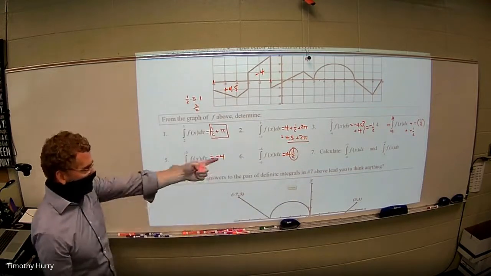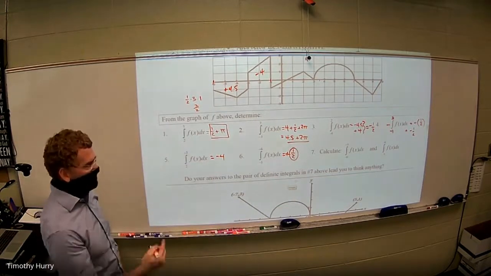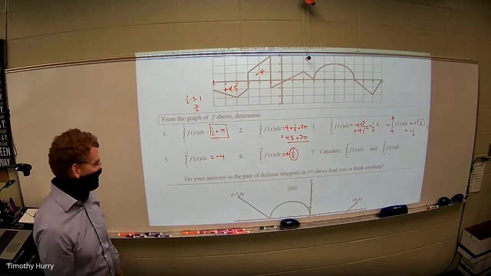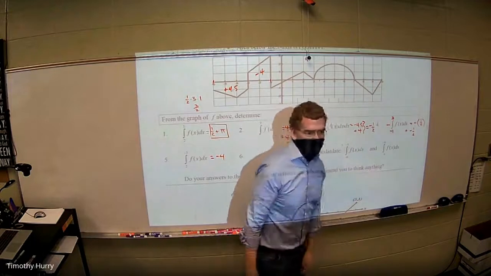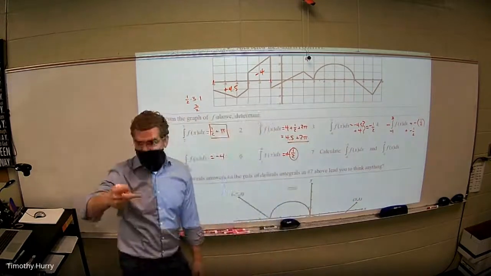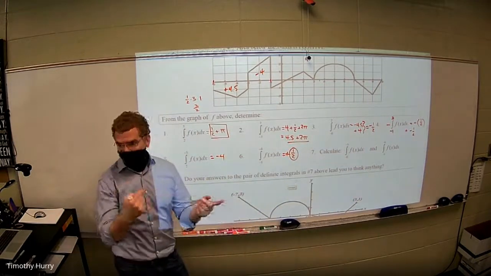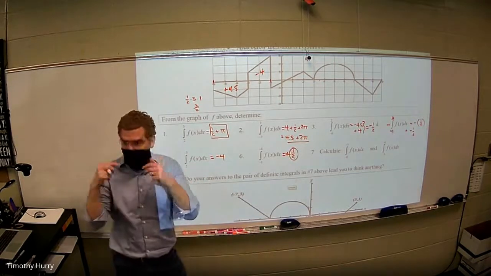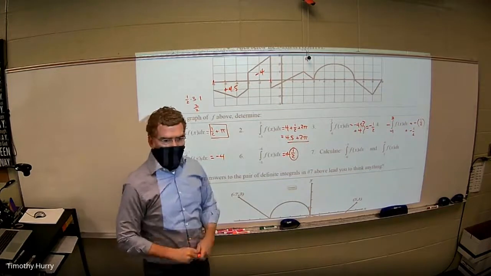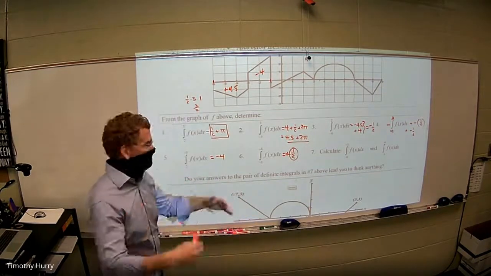And then I had you look at number 7. It says calculate -6 to -3 and -3 to -6. It said, do your answers to the pair of definite integrals in number 7 lead you to think anything? So what happens when you switch those two numbers? It just negates whatever the value is. So just pointing that out, that is an option for you moving forward. And I see people that like to do that to be consistent.